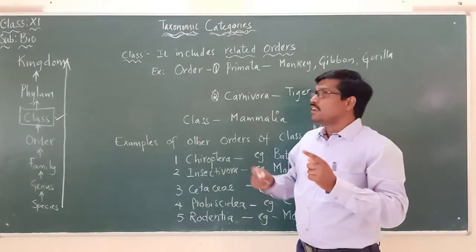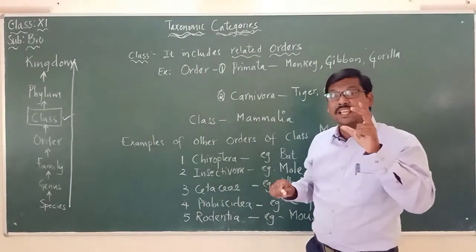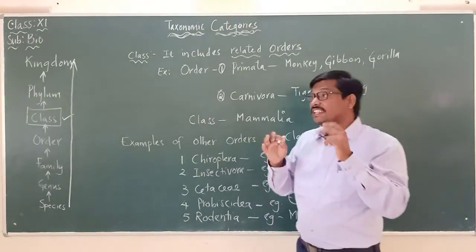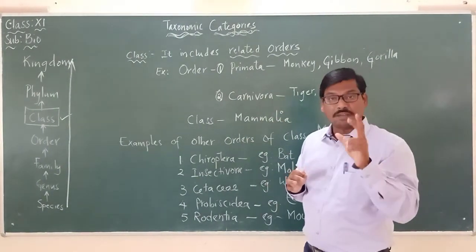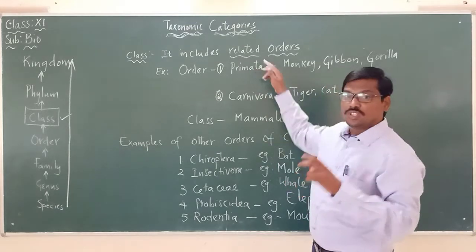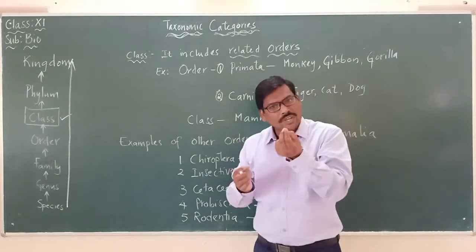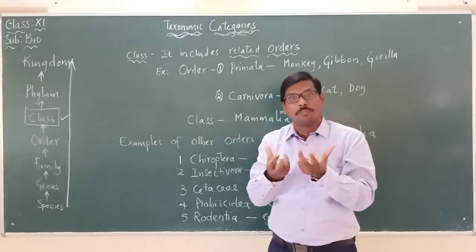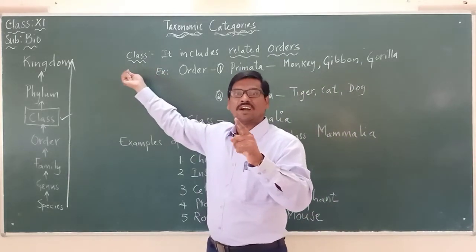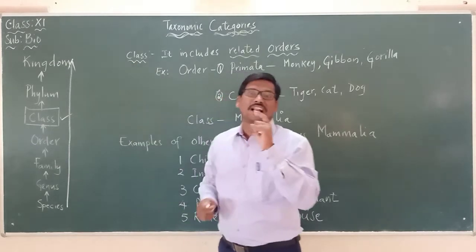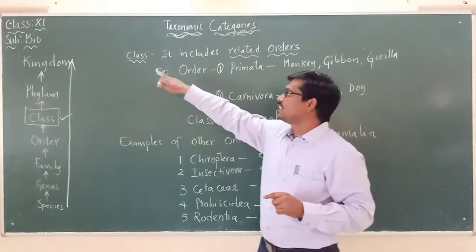So that's why we check only those related orders which share some similar characteristics. Those orders which show some similar characteristics in common are placed in one category, one rank, one taxon, called the class.